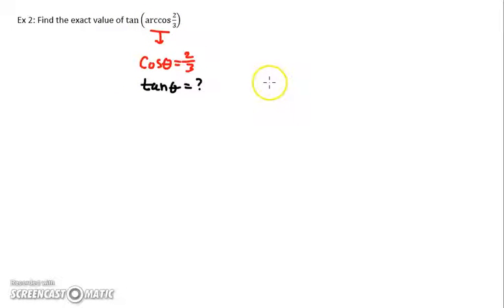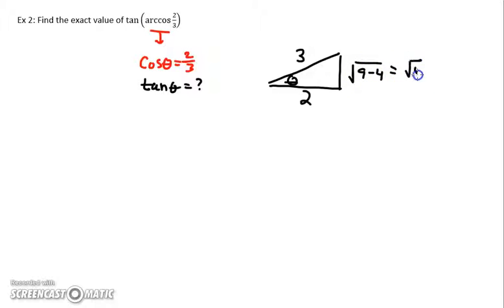So the easiest way to do that is let's just make a triangle. We can make a triangle who has an angle here that has a cosine of 2/3, right? So that means the adjacent to the hypotenuse is 2 to 3. And we can use our Pythagorean theorem to figure out this side. This is going to be the square root of 9 minus 4. So we're looking at radical 5 there.